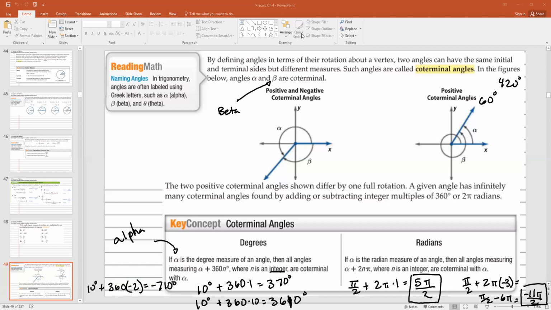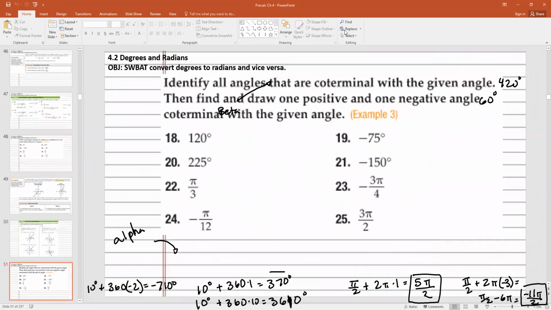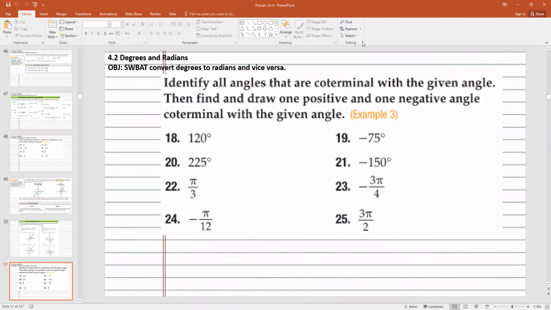But that's okay. We're going to look at some examples, so don't worry. All right, so identify all. Notice how they say all.